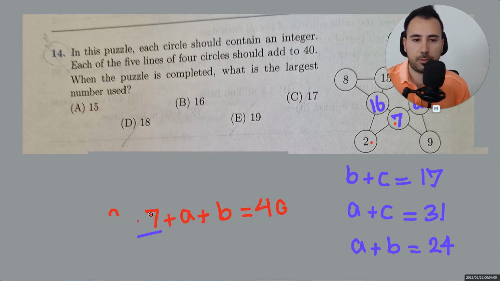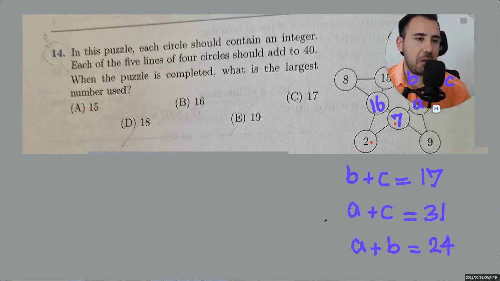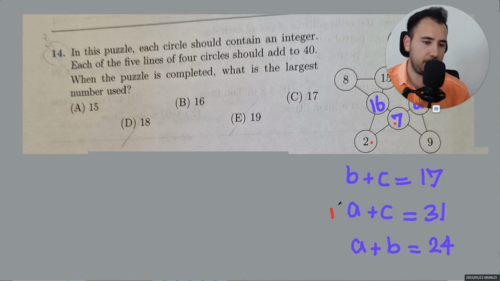Now how to solve this one. You just have to select either one that you want. You just have to subtract any 2 of the equations. Now I will go with this. I'm going to subtract these two, this equation minus this equation.